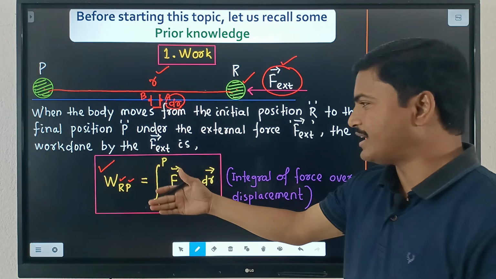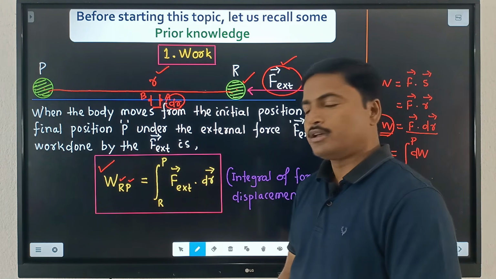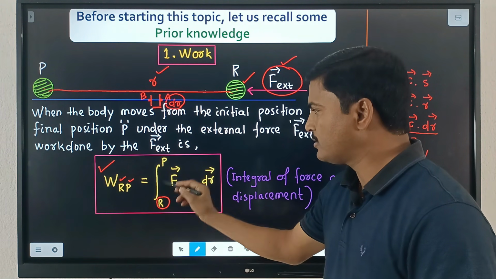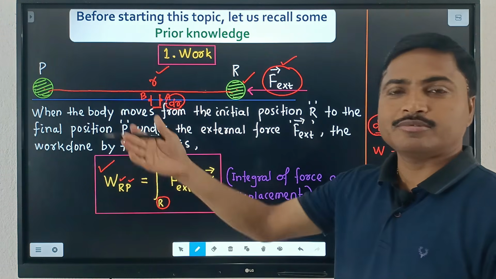That is the work done, and you know this expression. Here R is the initial position and P is the final position of the body.